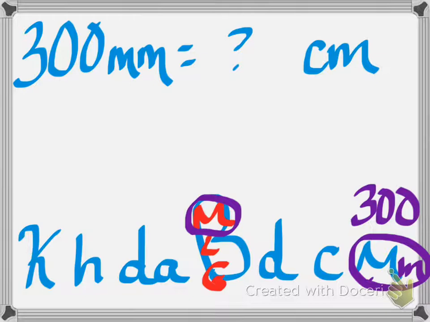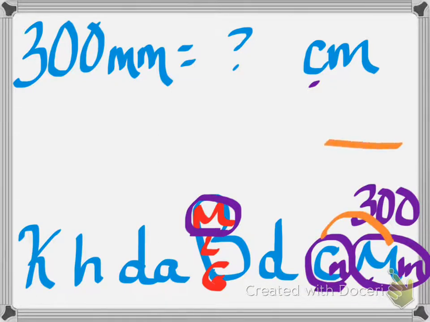Now we're looking for centimeters. Well, everything is going to be meters. So where is the centi? There it is. So go ahead and make that into centimeters now. And circle that. And we are going to have a very short jump because it goes from millimeter to centimeter.